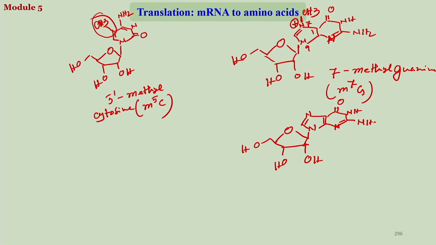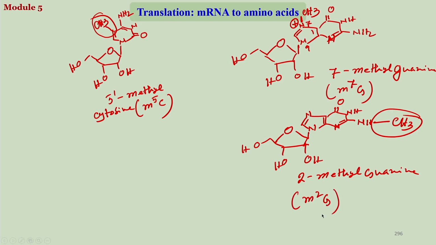Instead of NH2, it would be NHCH3. So this is your 2-methyl guanine, or M2G. So these are roughly, there are many other actually variations. These are roughly some of the modified nucleobases that are present in tRNA.